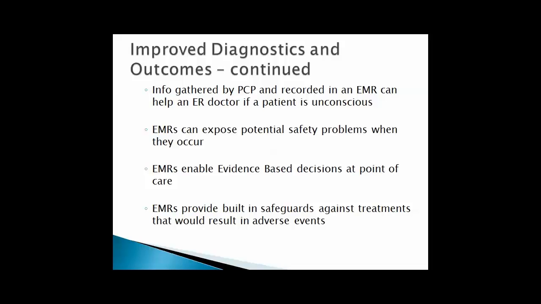EMRs can also expose potential safety problems when they occur. They also enable evidence-based decisions at point of care, based on a diagnosis, a patient's history, family history, surgical history, and medications they're taking. EMRs have decision-making ability, based on what's in the EMR at that point. EMRs can also provide built-in safeguards against treatments that would result in adverse events.